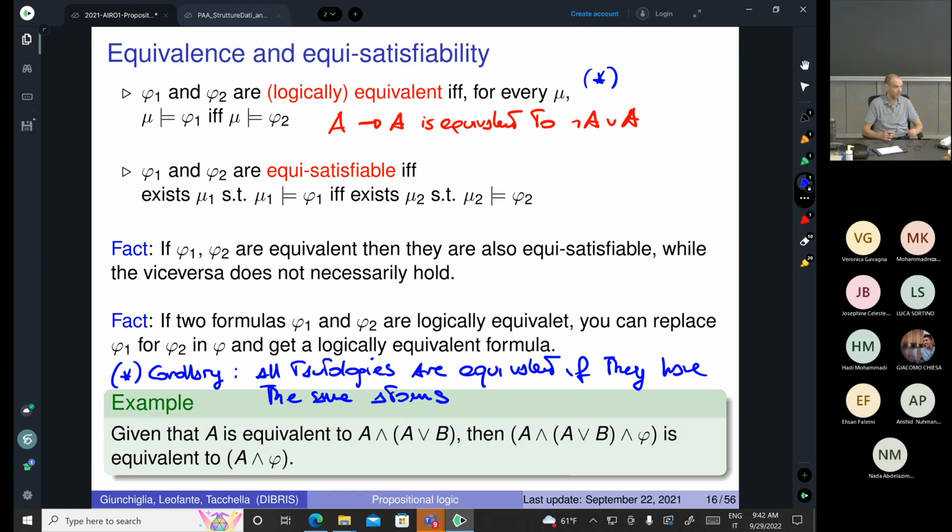So if I take two tautologies and they are built over the same set of atoms, they are equivalent. So tautologies built on a set of atoms form an equivalence class. You can substitute each of them for each other because they are simply logically equivalent. And you can substitute them with true, which is also a tautology.